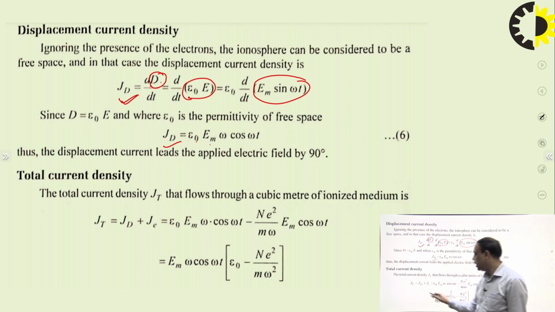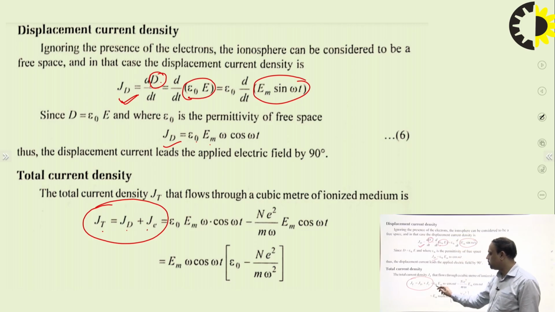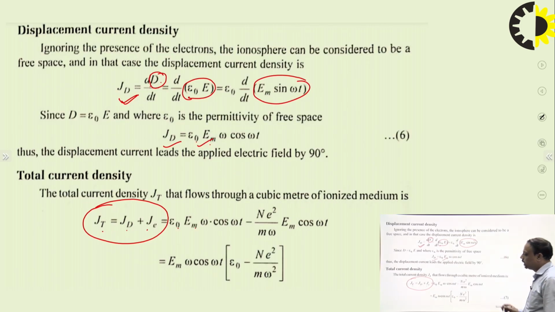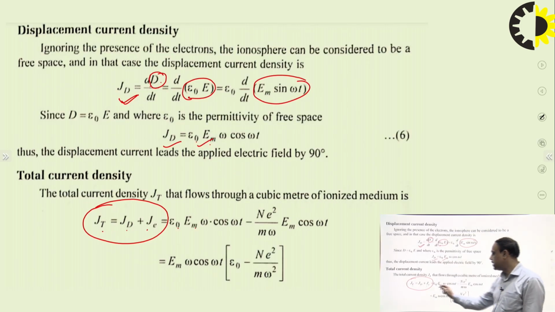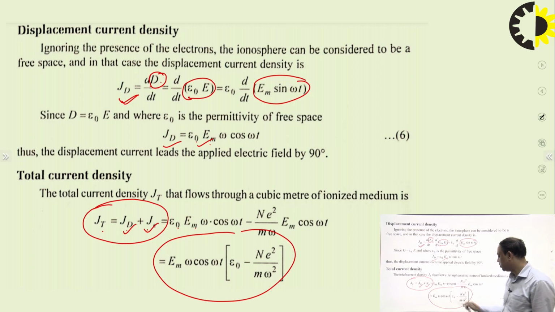Now the total current flowing due to the electronic charge density, Jt, is equal to Jd plus Je, which is epsilon naught Em omega cos omega t plus this value. The total current density flowing due to the displacement current and drift current of the electron is given by this equation.